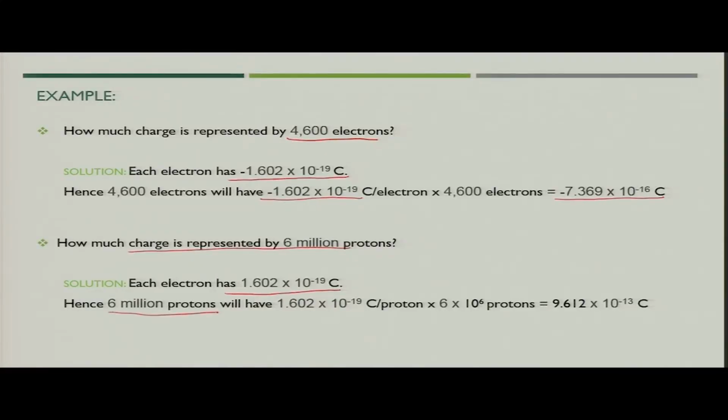Now, for 6 million protons, multiply 1.602 times 10 to the power minus 19 coulomb per proton by 6 times 10 to the power 6. So, you will get 9.612 times 10 to the power minus 13 coulomb.